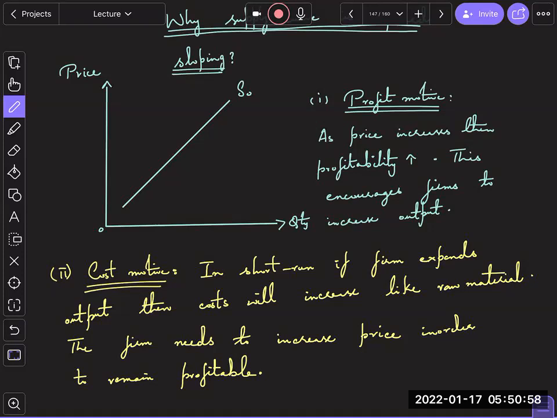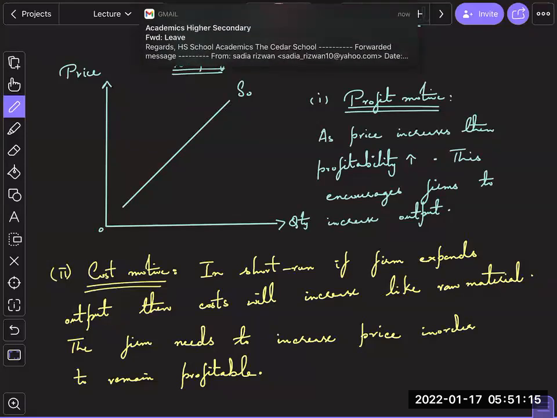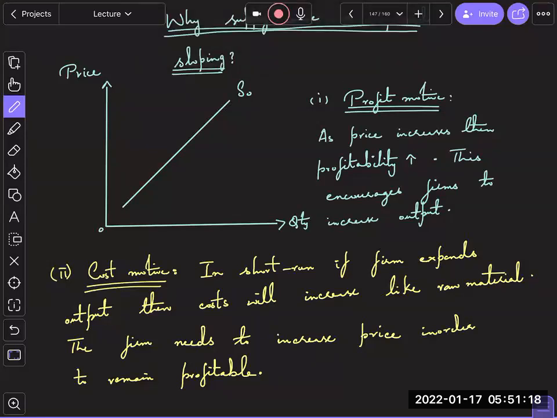So these are the two reasons, guys, why we have an upward sloping supply curve, or why the law of supply states that there is a positive relationship between price and quantity supplied: your profit motive and your cost motive. As prices increase, the profits will increase, and in order to maintain higher profitability, the firm will be increasing their output. The second one is your cost motive.